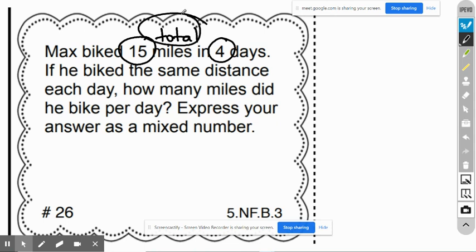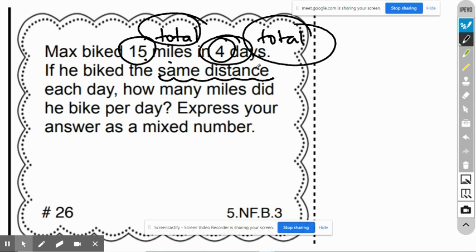Because they gave you the total, so Dave, be careful. The 15 miles in 4 days, that's the total. If they gave you the total, you can't add or multiply anything. You could be dividing or subtracting, but when they give me the clue that is the same distance each day, when it's that same each day repeated and they give you the total, it is division.